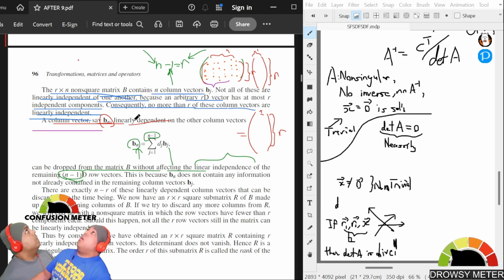A column vector, say Bn, linearly dependent on the other guys could be removed from the matrix B without affecting the linear independence of the remaining n minus 1 rows. Now we're talking specifically. So let's say this is B5.